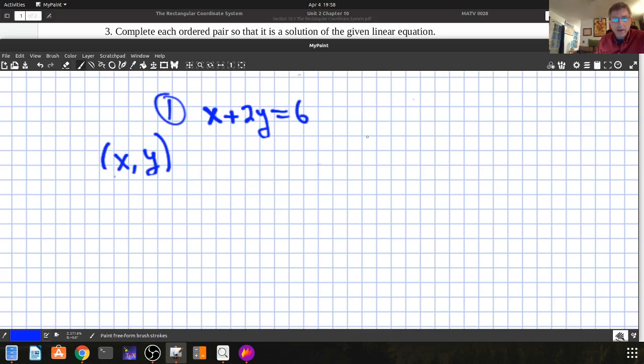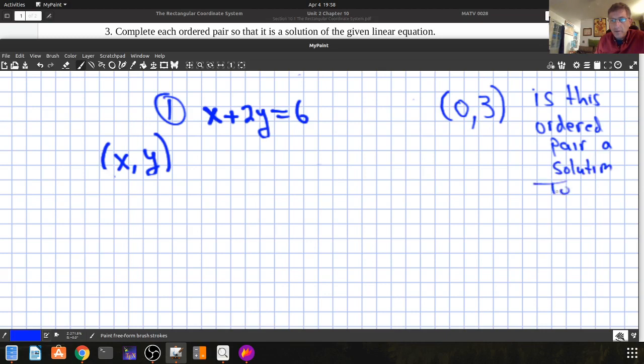Let's try this solution: 0 and 3. Remember, this is an ordered pair. The question is, is this ordered pair a solution to equation 1?